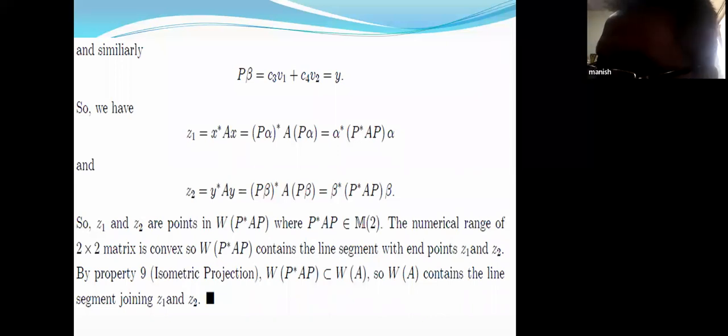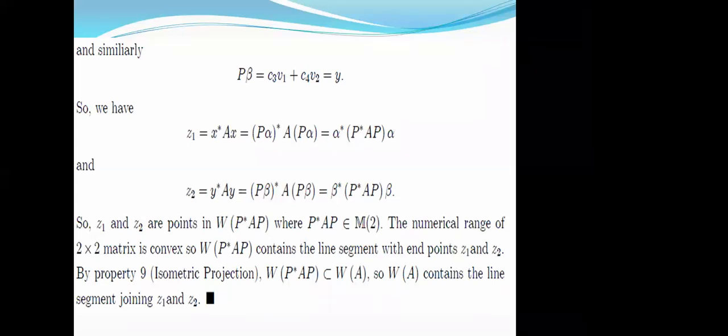Yes, there is no such condition in literature, any useful such condition. For example, the translation property is there that we use, because here we have W of A plus alpha E is the same as W of A plus alpha, but no other such condition is there. So there are no conditions on A and B.